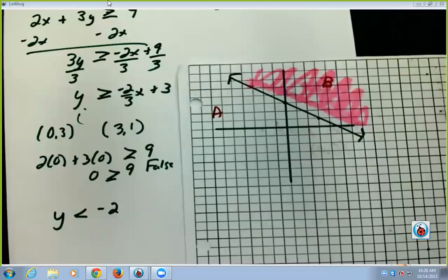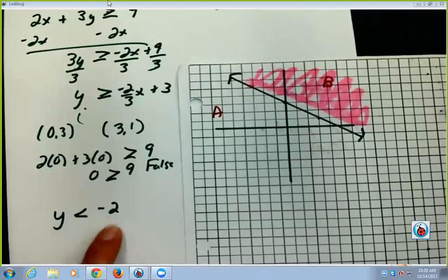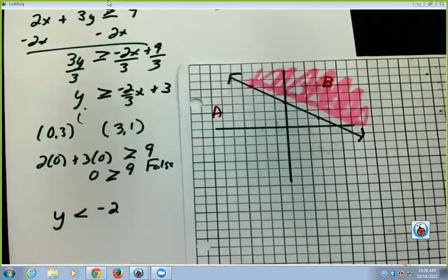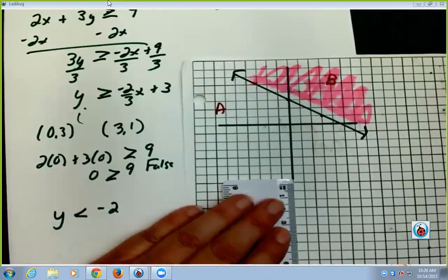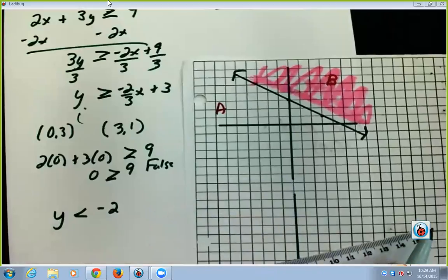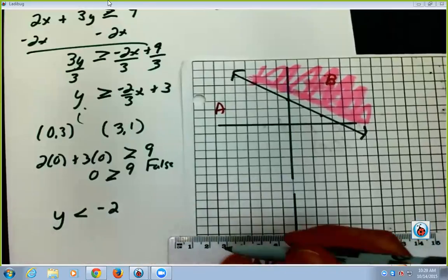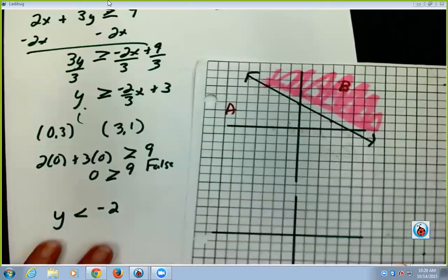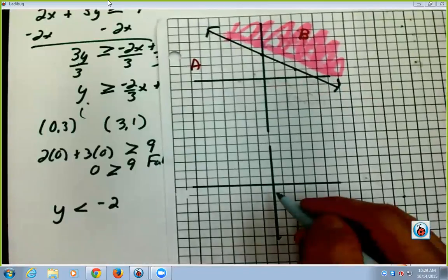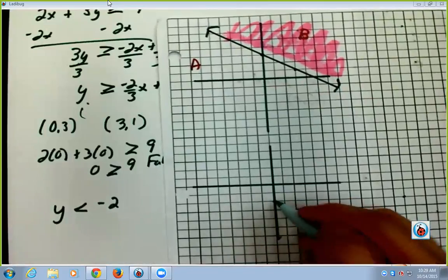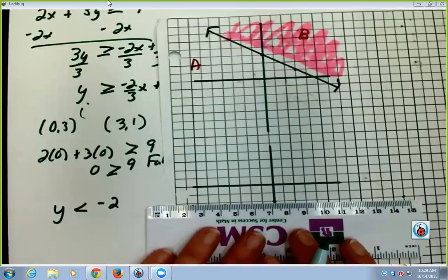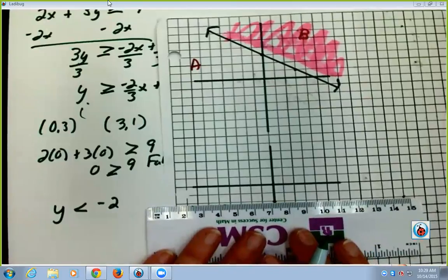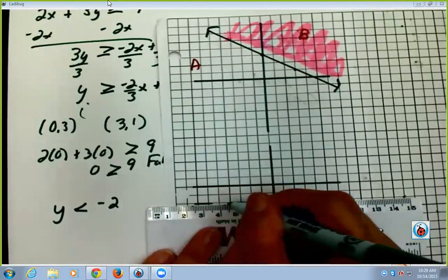They're horizontal. Yeah, horizontal flat things, right? So this is a flat thing at negative 2, right? So if I graph it, I'm going to be at a negative 2. And it's flat. And what did we say? Is it dashed or solid? Dashed.